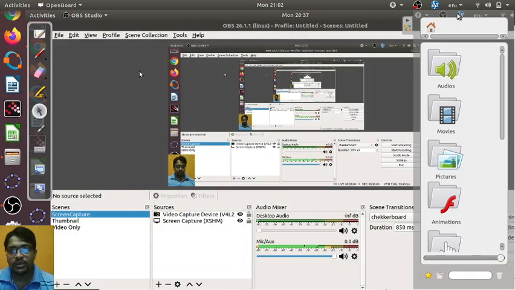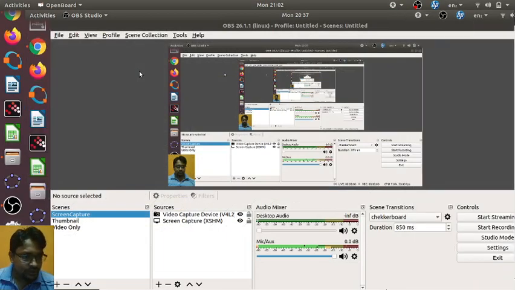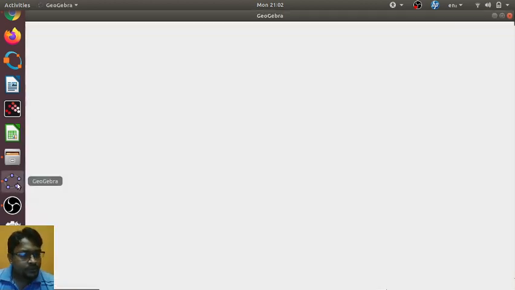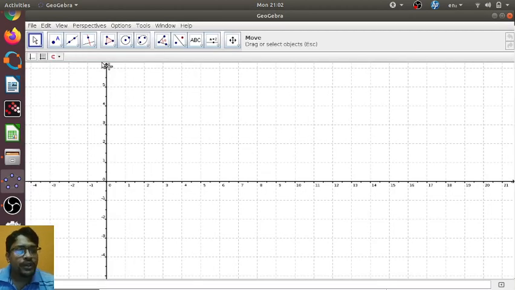Let me show it in a software so that you can understand it better. GeoGebra. Here you can see, let me plot 2x plus 3y less than or equal to 12.